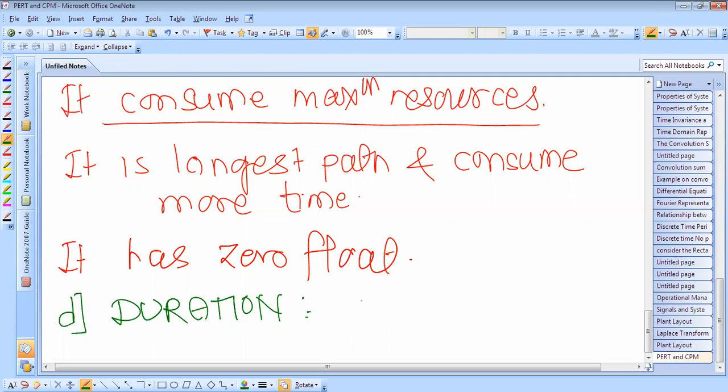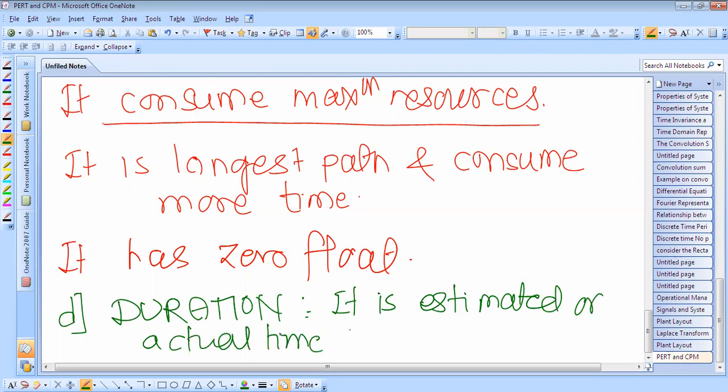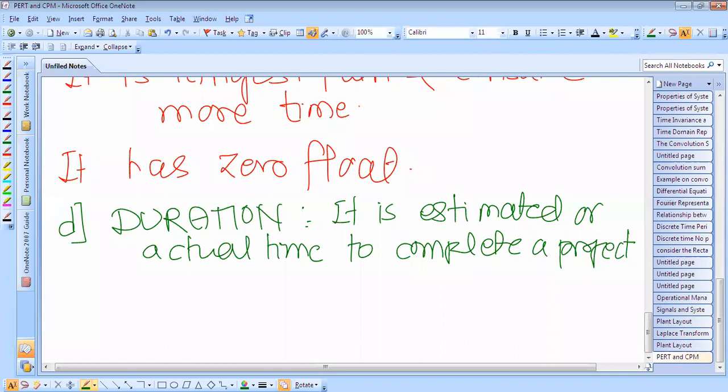It is the estimated or the actual time to complete a project, or the task or activity.